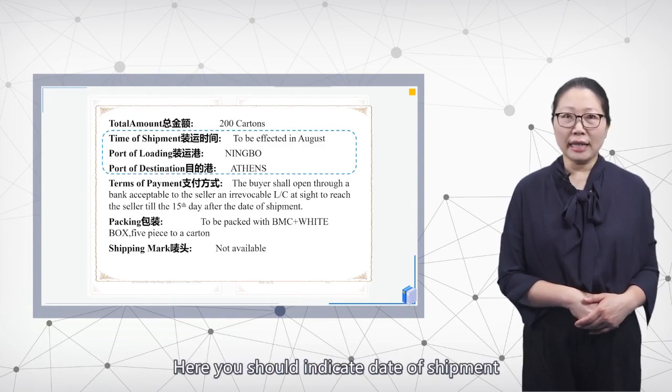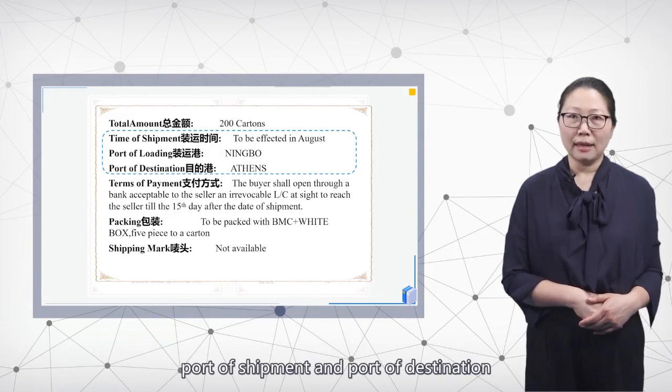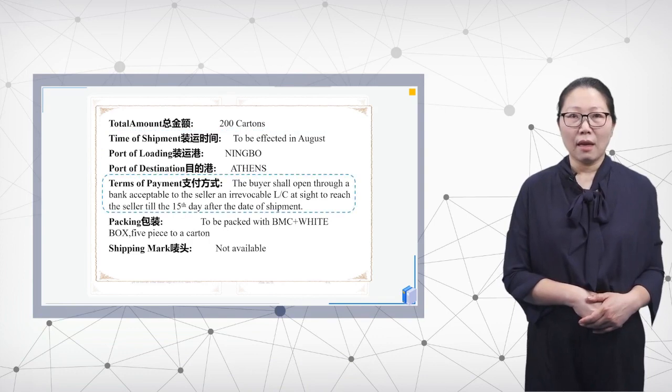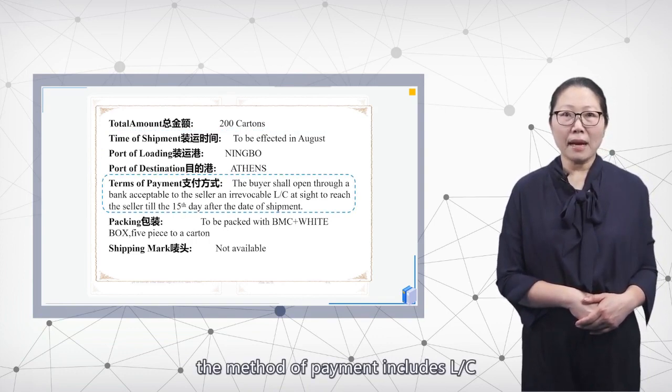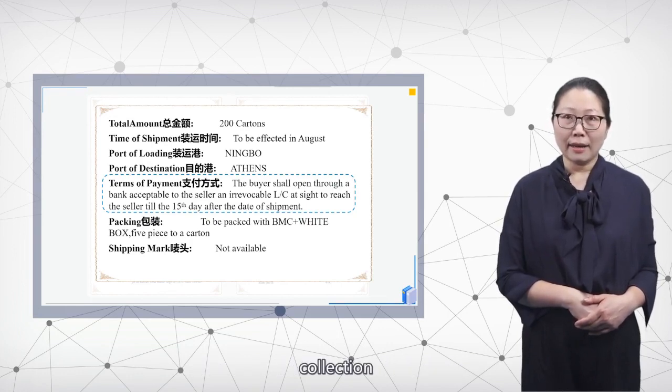Here you should indicate date of shipment, port of shipment, and port of destination. Third is payment. The method of payment includes LC, collection, TT, and so on.